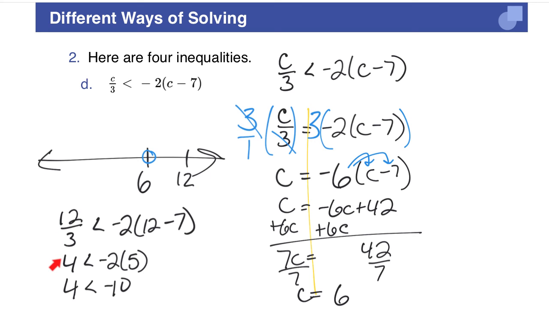And when I simplified that inequality, I got down to 4 is less than -10. And no, that is not true. And so that means that my solutions are not on this side with that point I tested because that made it not true. So that means my solutions are on the other side this way. So anything with x is less than 6 would be a solution to that inequality.